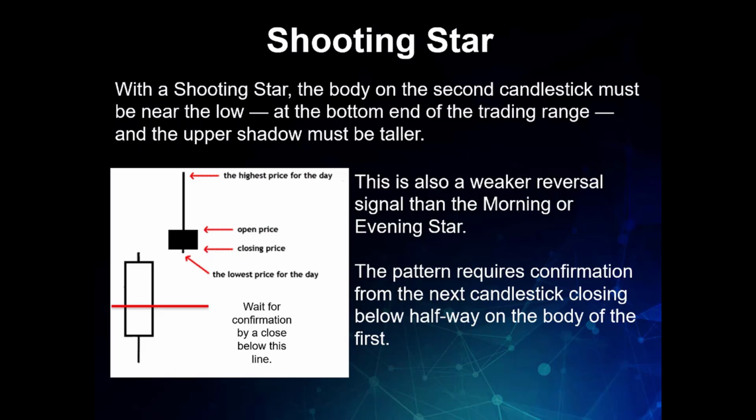So as you can see here, the market has rallied, reaching the highest price of the day. You can see where it opened and closed, and the lowest price of the day. So what we need now is for the next candlestick to close underneath that line, as you see on the left hand side, to confirm that we have identified a shooting star pattern.